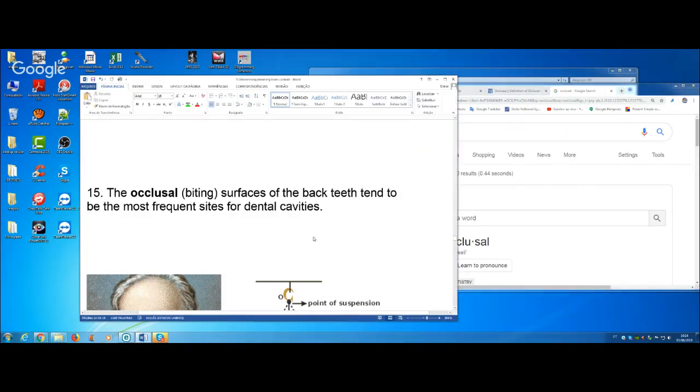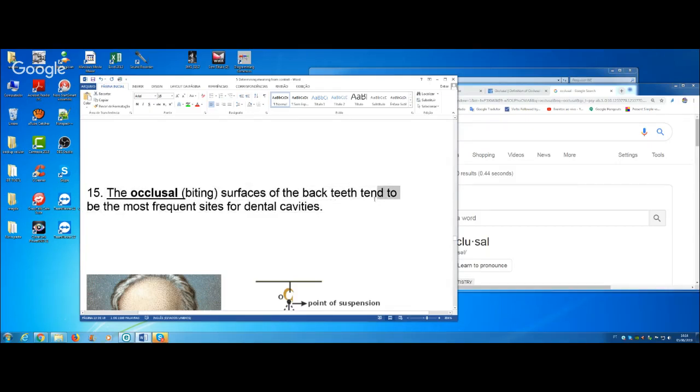The occlusal biting surface of the back teeth tends to be the most frequent site for dental cavities. Listen, now it became a child's game. We already know that after the subject, we can put the definition of the word. So here we go, the subject of the sentence is occlusal, that is my subject. And my verb is tend to be.